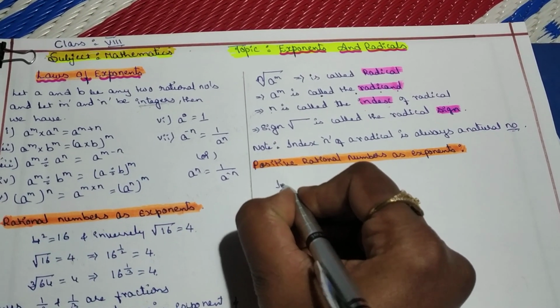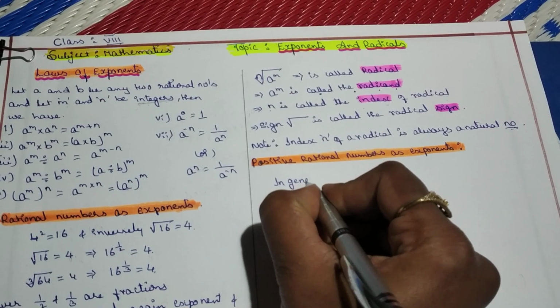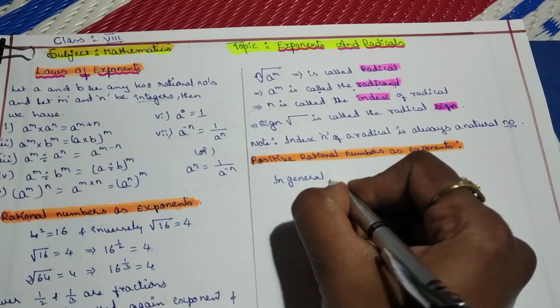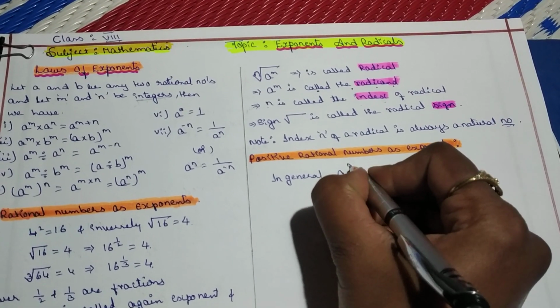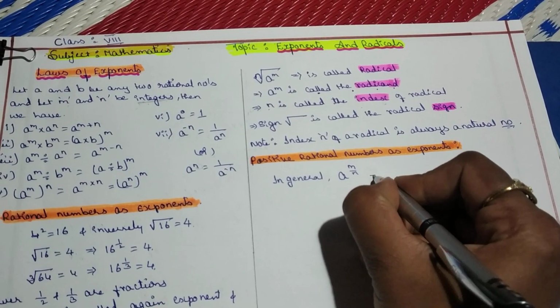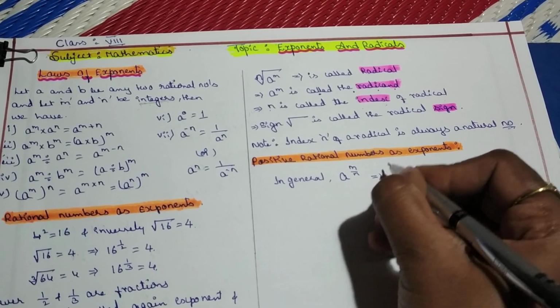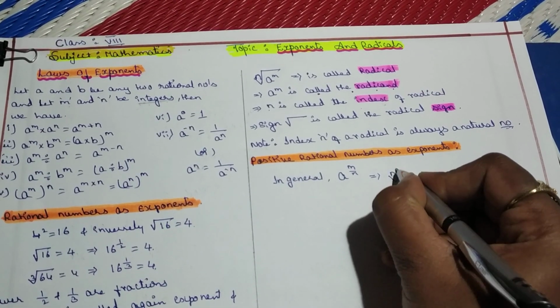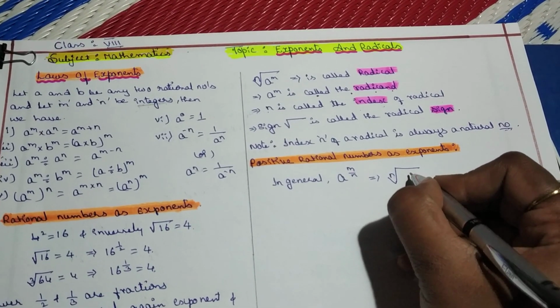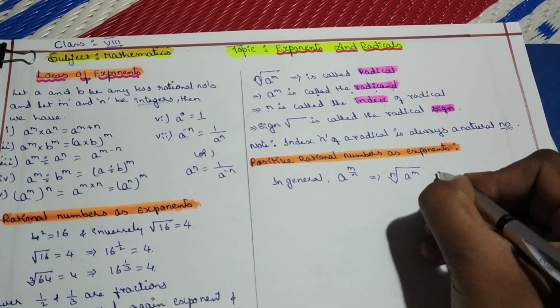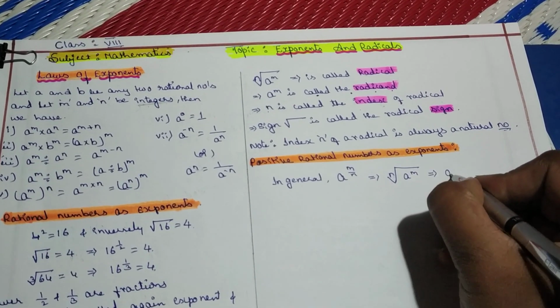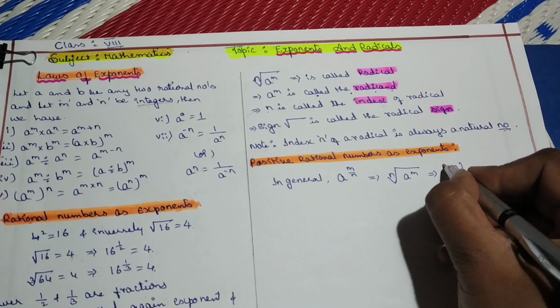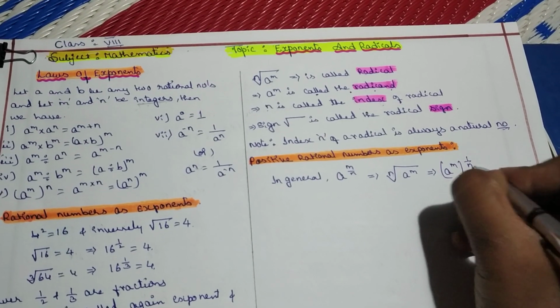In general, if I take a to the power of m by n, then to express it in the form of a radical, I can write it as the nth root of a to the power of m, which is nothing but a to the power of m whole to the power of 1 by n.